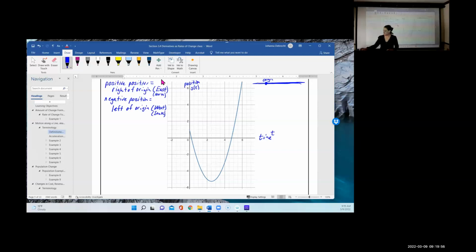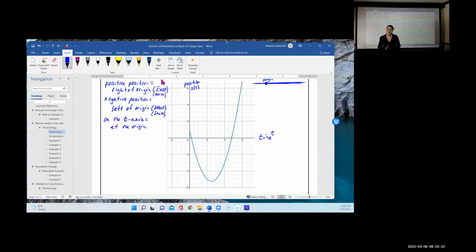All right. So now we know what it means to be above the t-axis and below the t-axis. If we're on the t-axis, then we're at the origin. So for example, if we want to consider this to be Interstate 70, all right, then we could make, well, 70 doesn't go through downtown, but we'll pretend and say that it does.